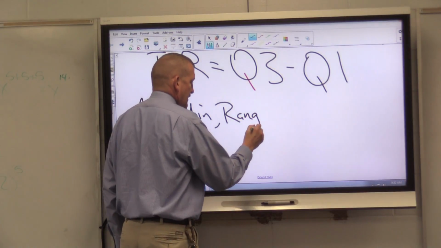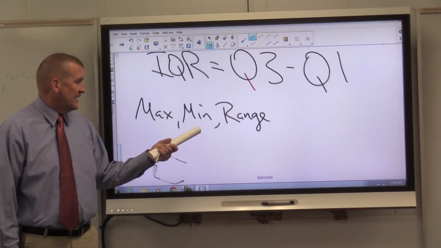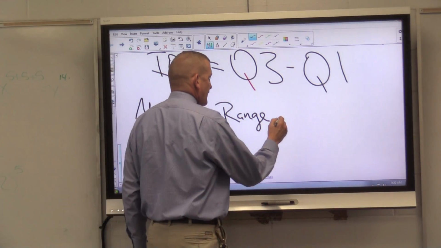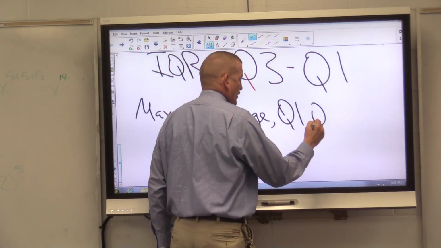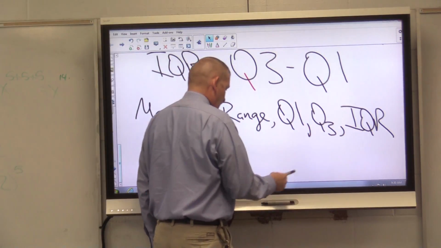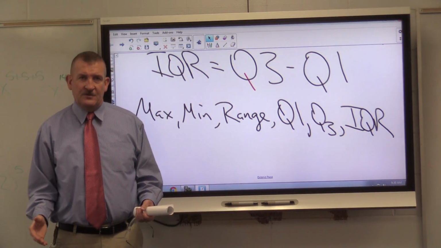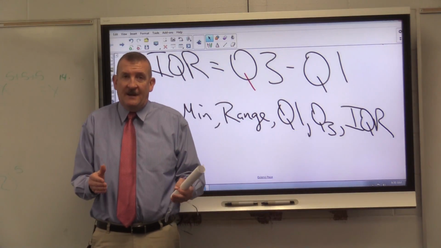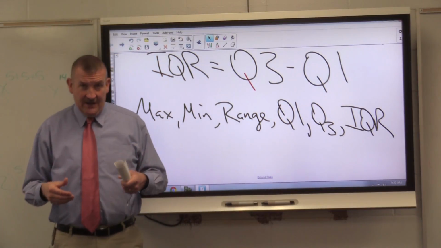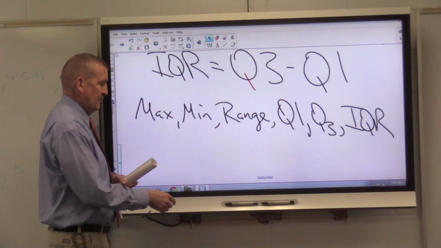Your range of your data set: in order to get your range, you take your max minus your min. Then you're going to find your first and third quartiles, knowing that your first quartile is the median of the lower 50%, your third quartile is the median of your upper 50%, and the interquartile range is Q sub 3 minus Q sub 1.